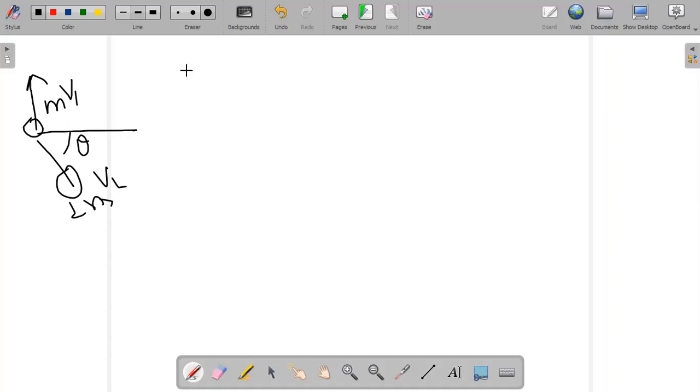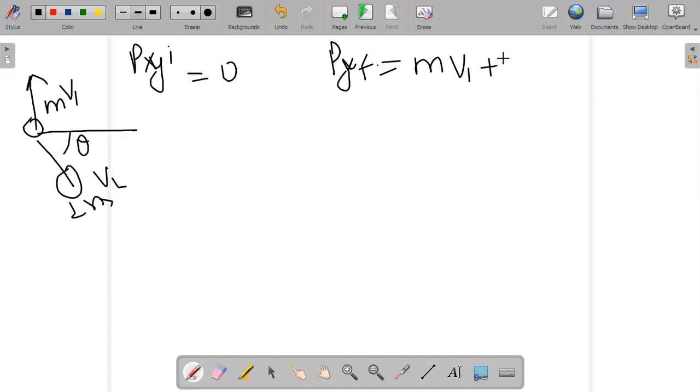So we'll have momentum in the y direction. Initial momentum in y direction was how much? There was no initial momentum, so this was 0. Py in the final will be equal to m v1 plus the total mass 2m, minus v2 into sine theta.